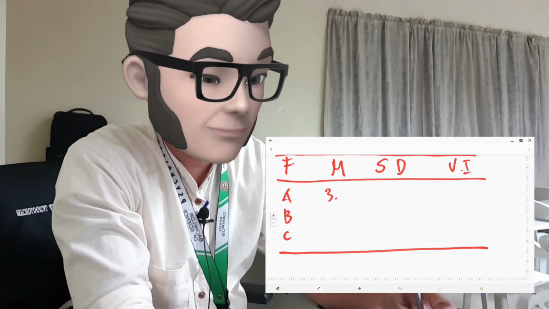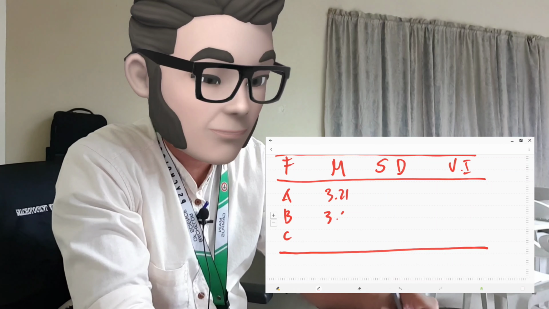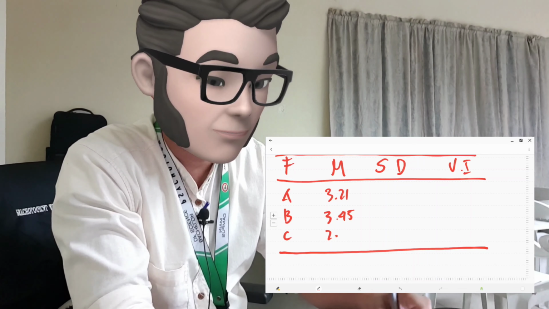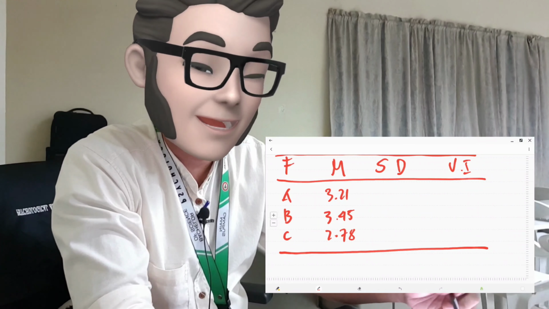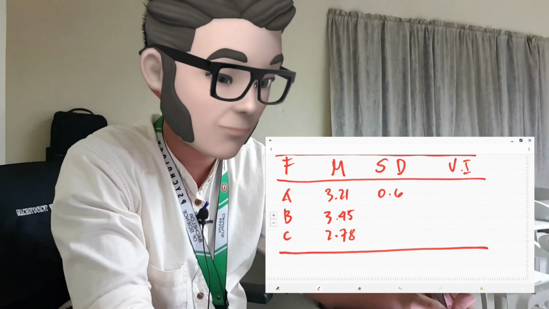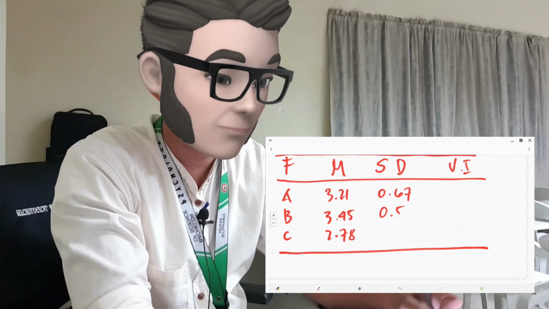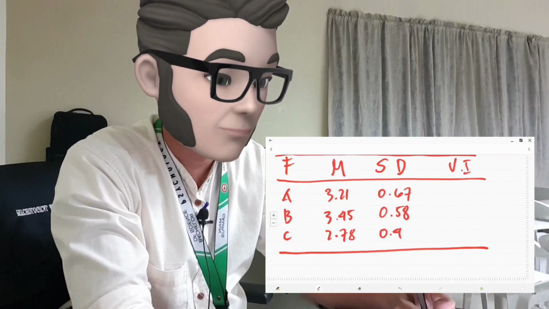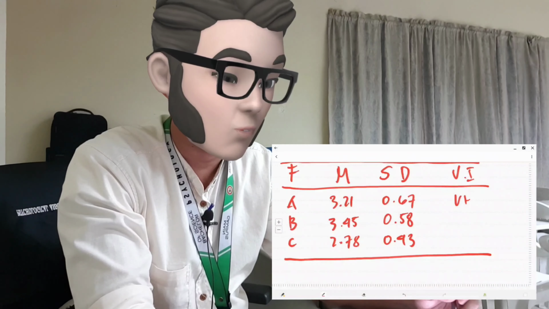Let's say you have a Likert scale of 1 to 4, so your mean will be 3.21, 3.45, and 2.78. And then your standard deviations, for example, are 0.67, 0.58, 0.43. Your verbal interpretations would usually be very high, low, or let's say high on this part.